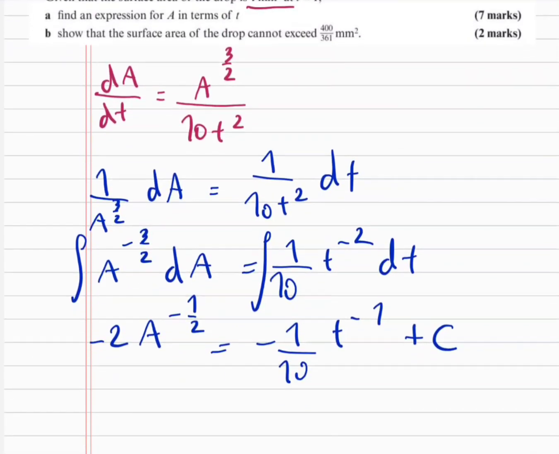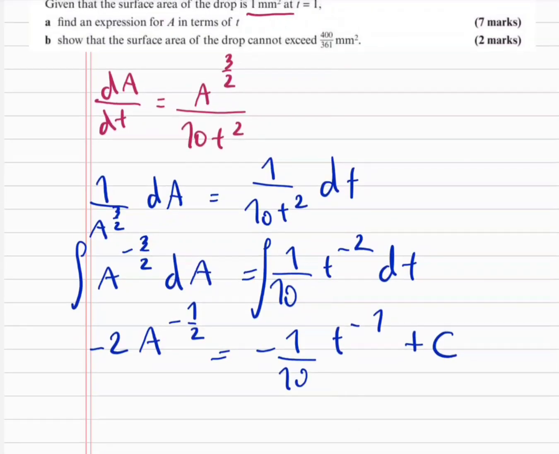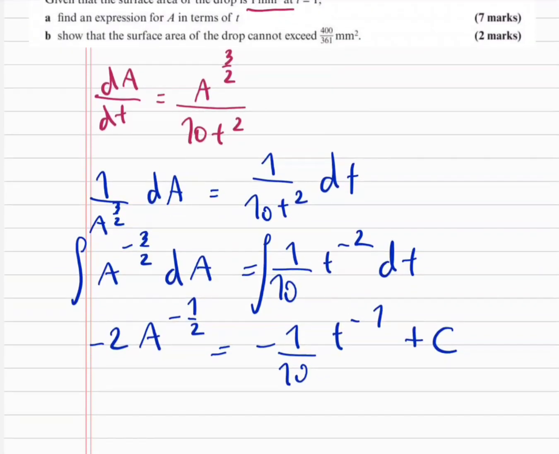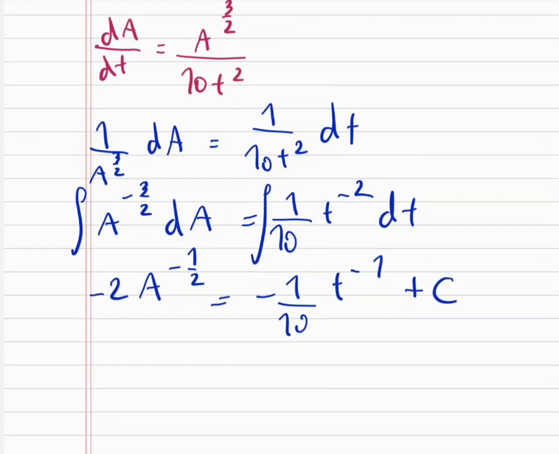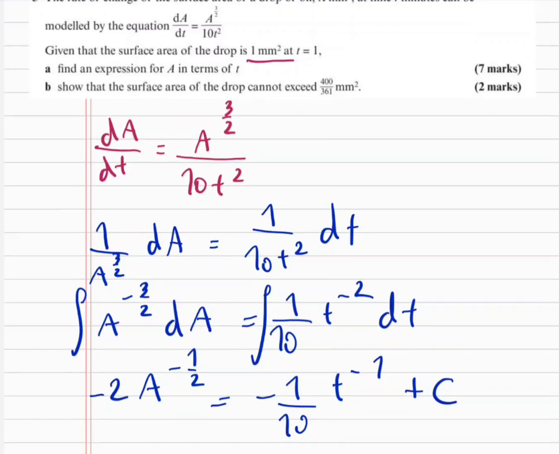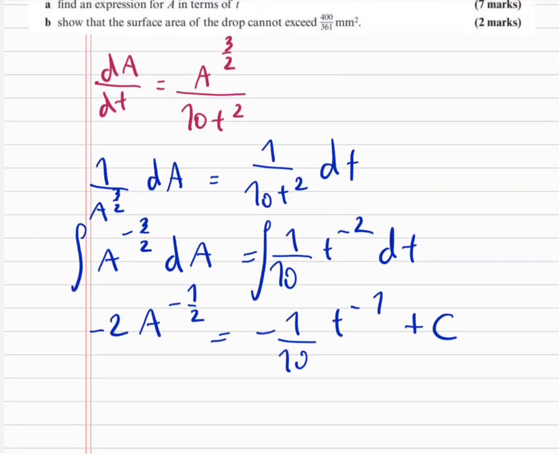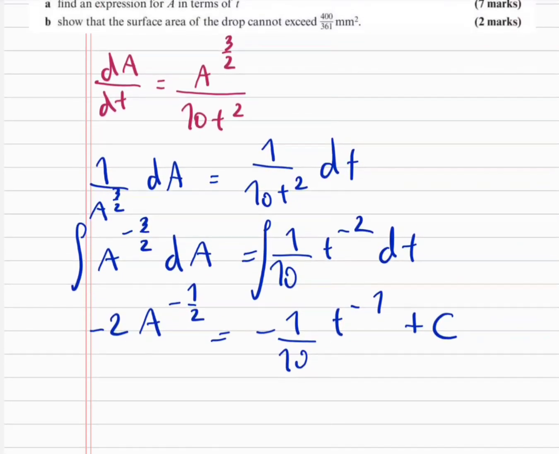So now we have an expression for A, which is also in terms of t, but still we need to make some adjustments, because first of all, we need to find the constant of integration, and also it's probably better to rewrite this in a form A is equal to something times t, because right now it's just minus 2A to the power of minus a half, which is a bit messy.